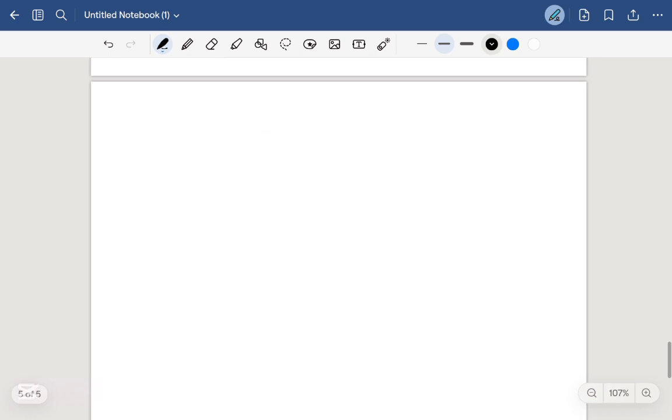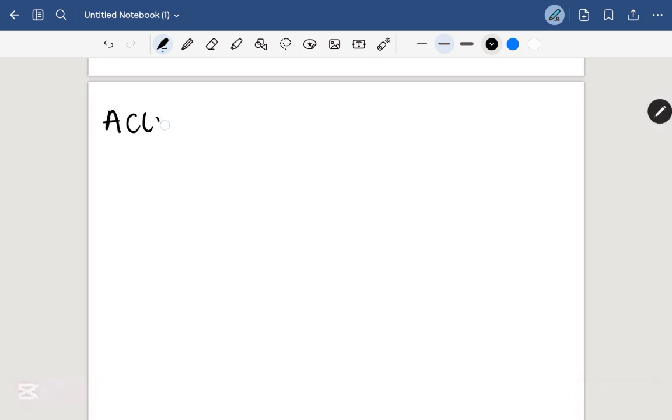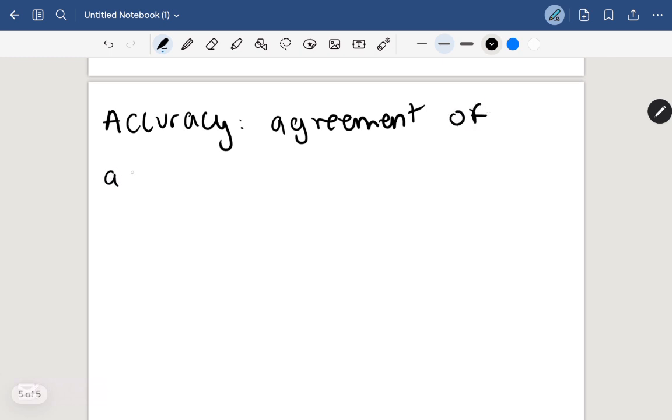Very simple definitions. First thing is accuracy. What is accuracy? It is the agreement of a particular value with the true value.